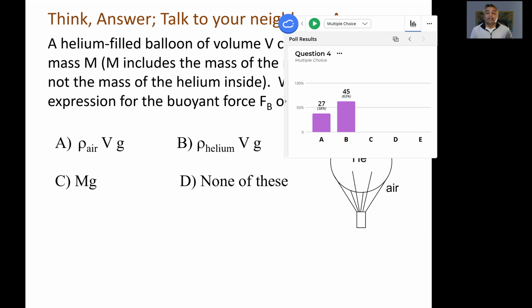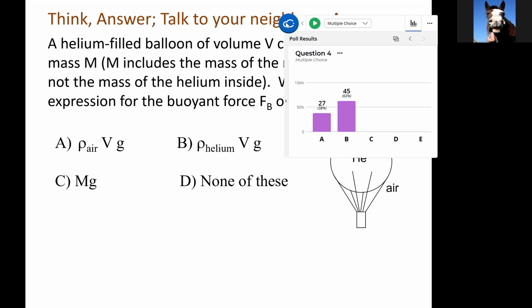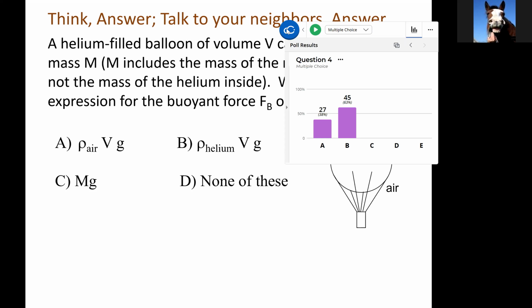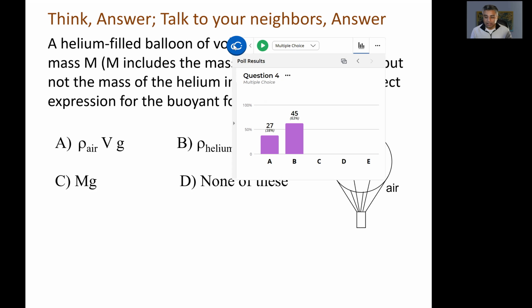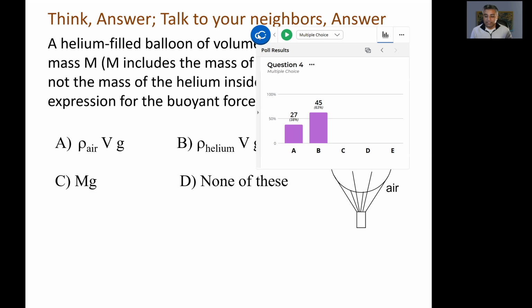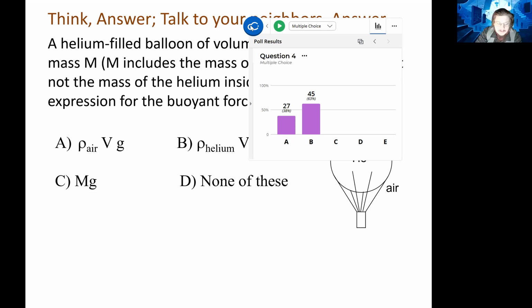Can somebody convince me why that's the correct answer or not? So I believe B is the correct answer because you're looking for the buoyant force on the balloon. So you'd be measuring the density of the gas that's inside the balloon, which is helium, not the air that's outside the balloon. I disagree.